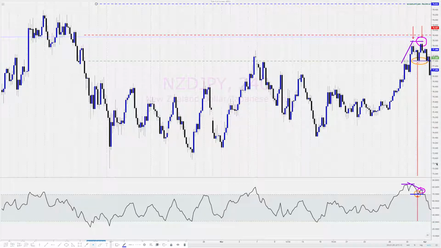Okay, so we have our top, we have the break of structure, and we have the retest and the entry on the retest. Now let's scroll forward and see what happens.